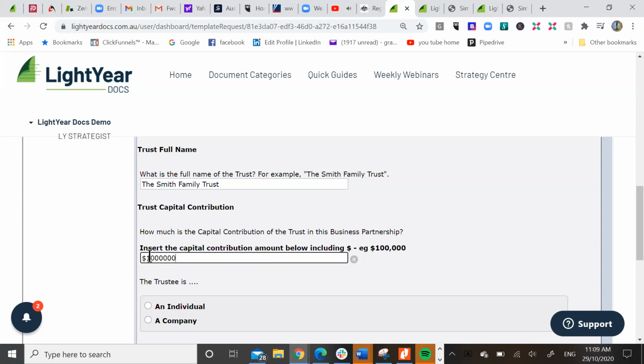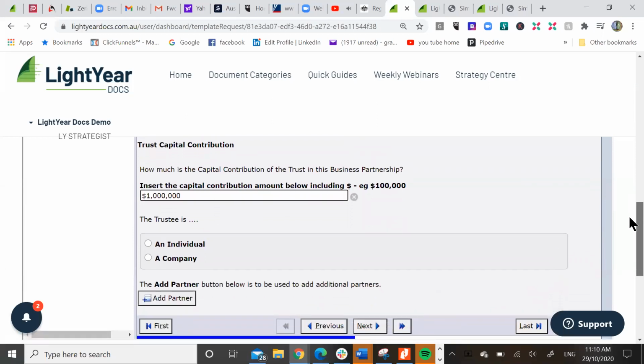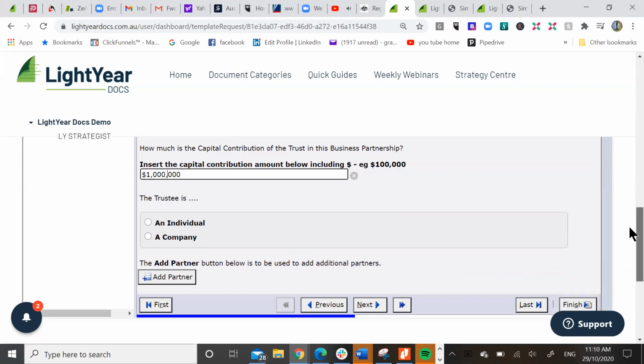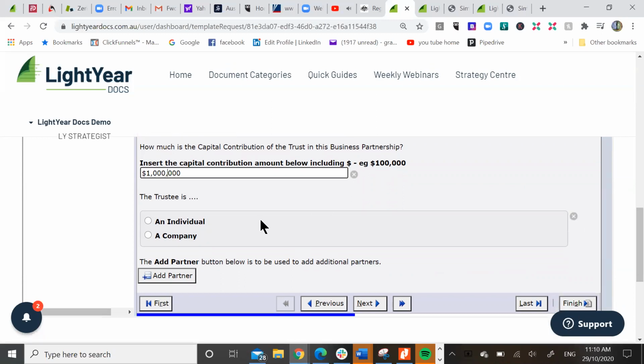That means the trust is putting in $1 million, and effectively we're going to depend on what the SMSF are doing. That $1 million of capital contribution doesn't have to be all cash. It could be borrowings as well, subject, again, to that charging I talked about if we've got an SMSF in there. But if it's just two discretionary trusts, then obviously you can just charge the property.